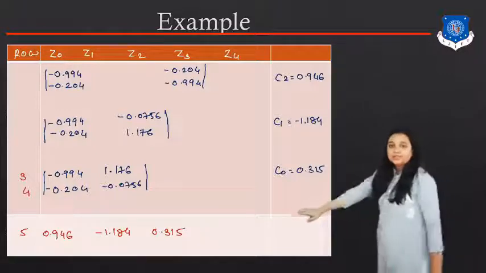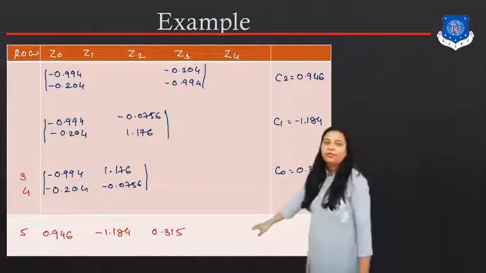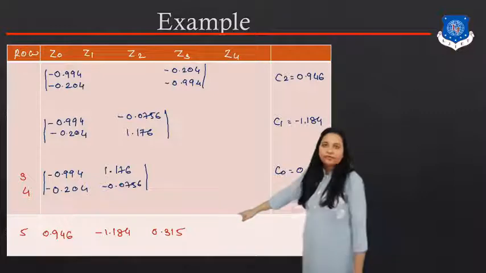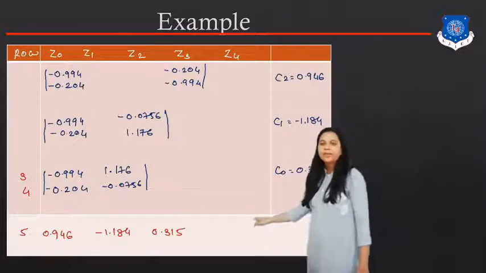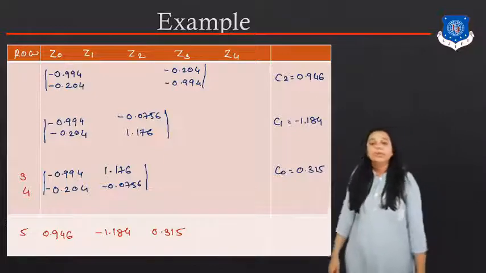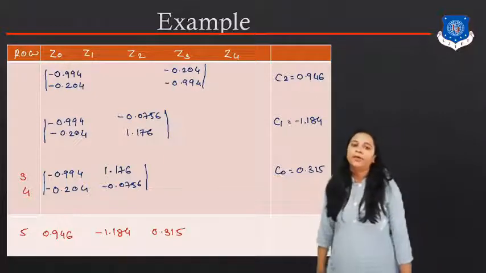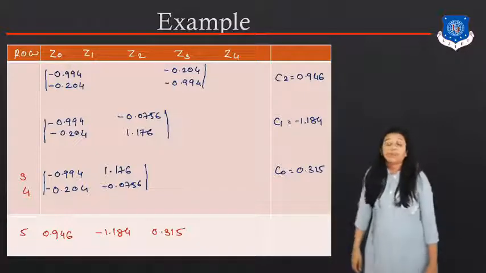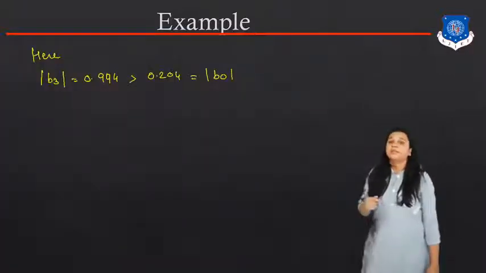So here you can see that in the 5th row we write C2 that is equal to 0.946, then C1 minus 1.184 and C0 that is equal to 0.315.